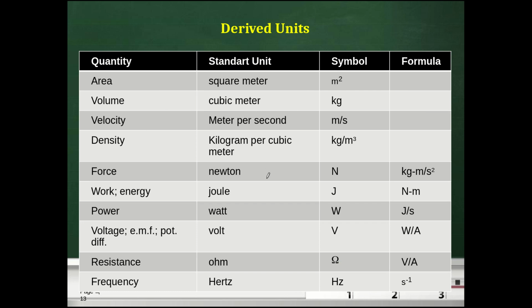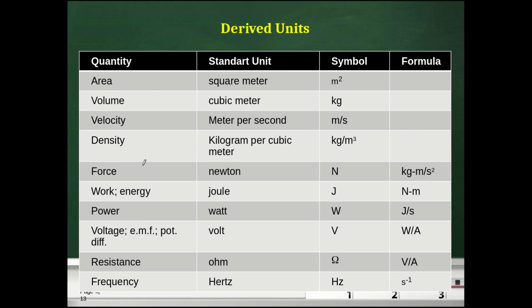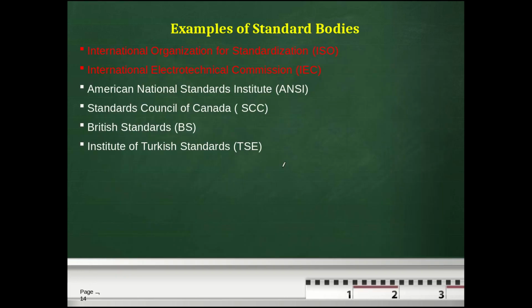So this is built up according to a formula using the fundamental units. Okay, so different quantities have different standard units, different symbols, and different formulas to calculate, so they are not measured on their own. Okay, examples of the standard body. What is a standard body?